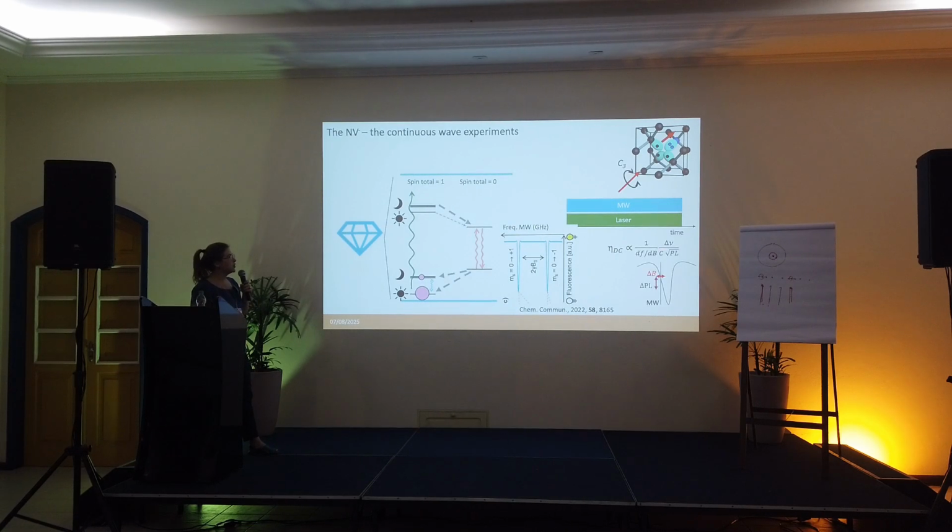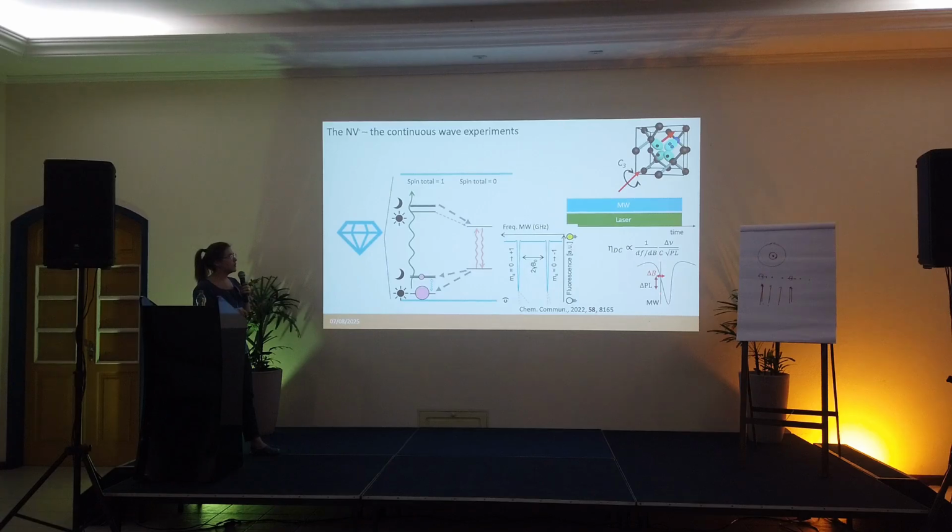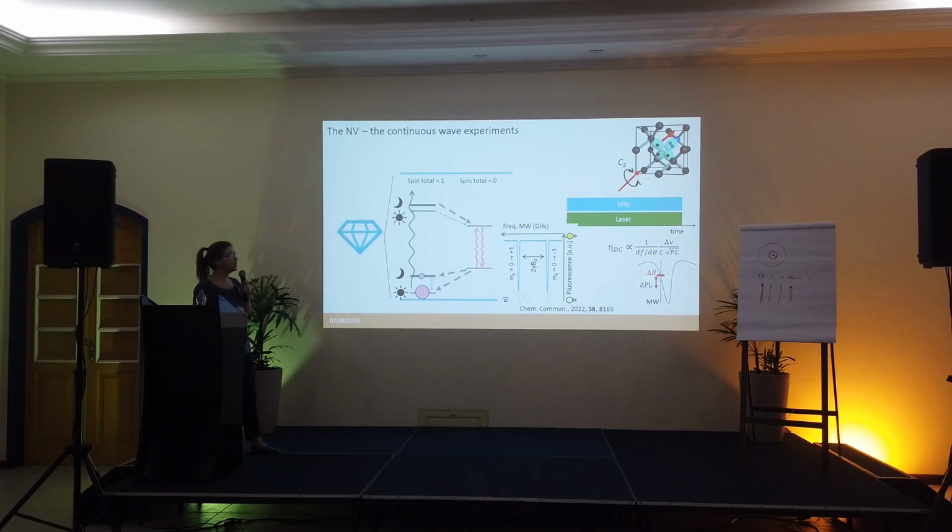Now, if we want to do quantum sensing, for instance, or if we want to do sensing with these systems, that's a feature that we can use, right? So we can look at one of these resonance features over here. We can then park our microwaves here at the slope of this resonance, and we can track the change in fluorescence of the system.